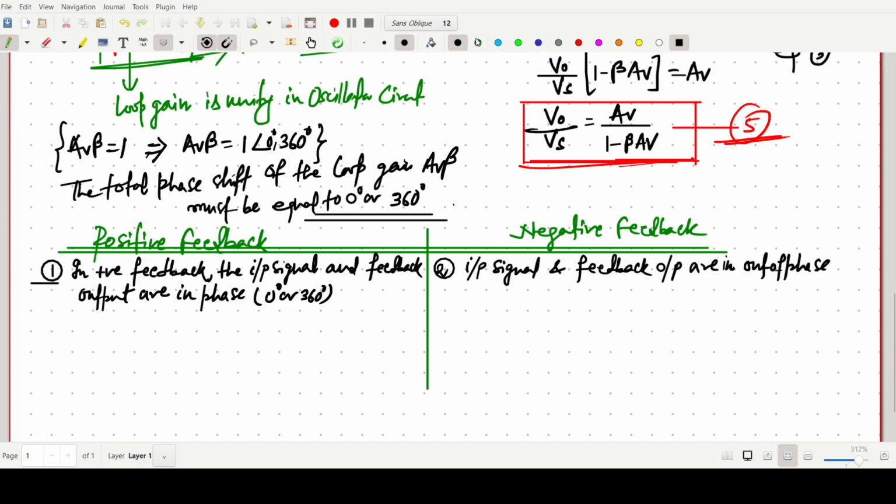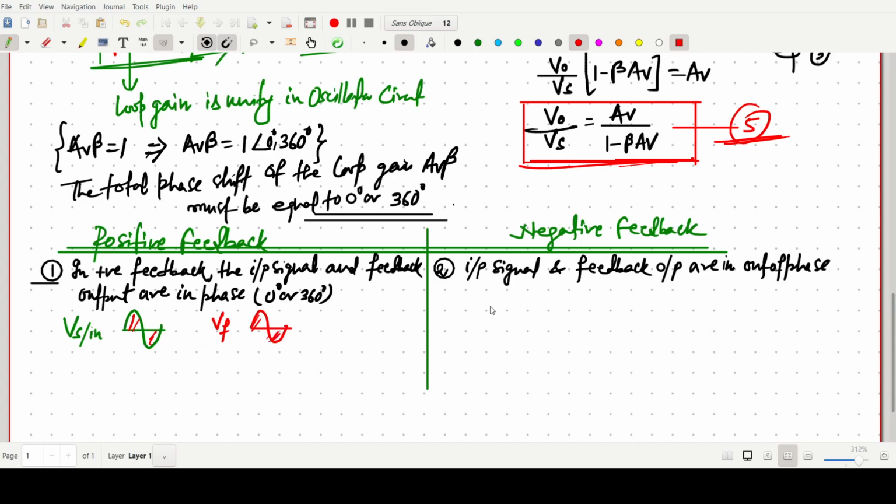What it means is that the input, Vs or Vin, if this one is sinusoidal, then the feedback output Vf is in the same phase in positive feedback.